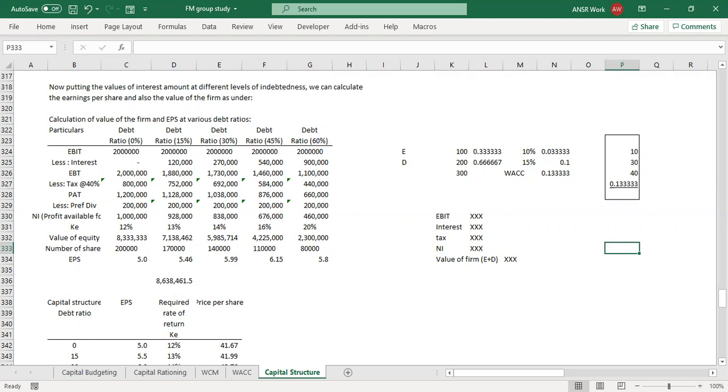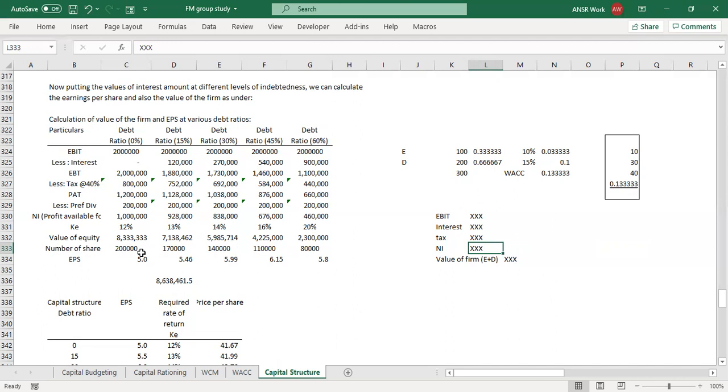How do we calculate value of the equity? We simply do net income divided by cost of equity. Now your value of equity will come to 83.33 lakhs, when you do 10 lakhs divided by 12%. Makes sense? So that is your value of the firm only.